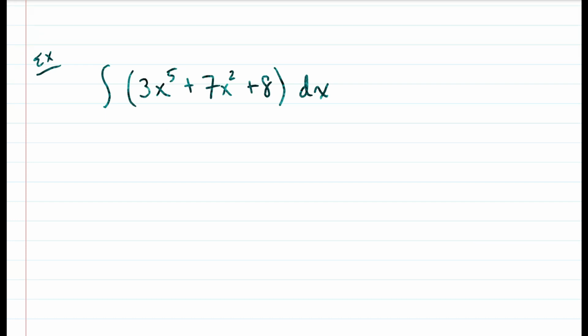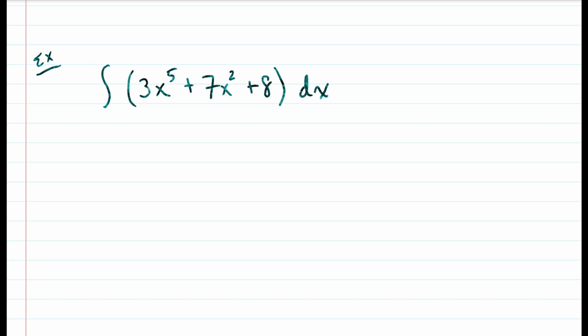In this last example, it looks like we have several terms that we're finding the integral of. So just as we did in differentiation, where we would use the sum and difference rule, we would do the same thing here.